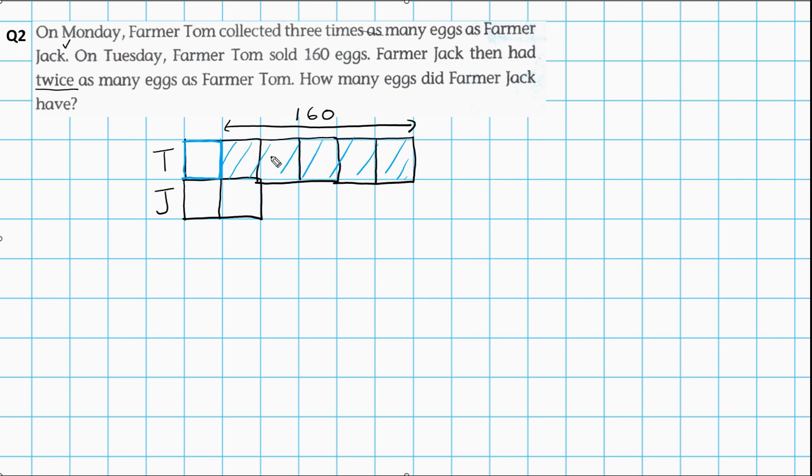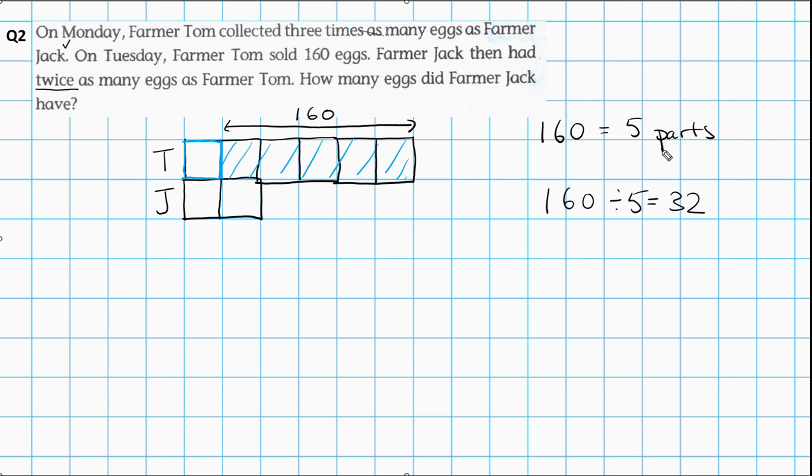Now, what does that tell us? Well, remember, these are all equal parts now. So 1, 2, 3, 4, 5. We know that 160 is equal to those 5 parts. And if we want to find out the value of each of these parts, we need to divide 160 by 5. So we divide 160 by 5, and we get 32.